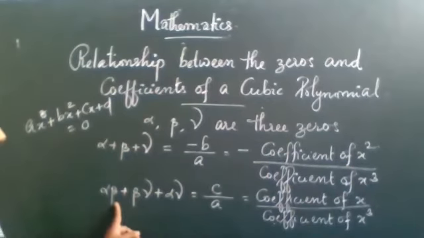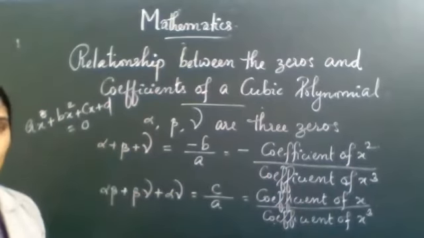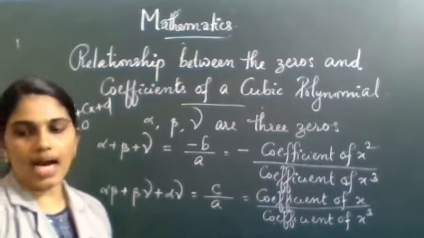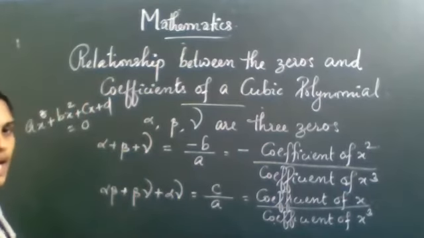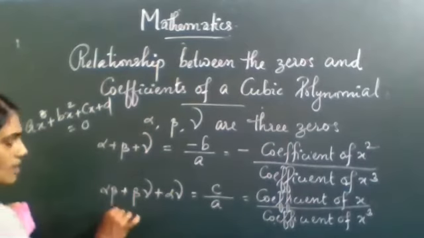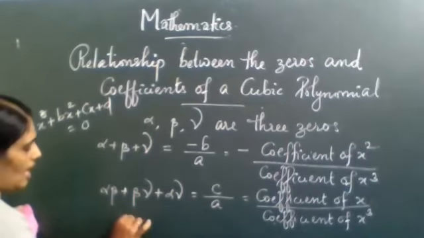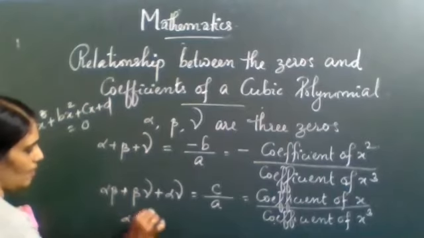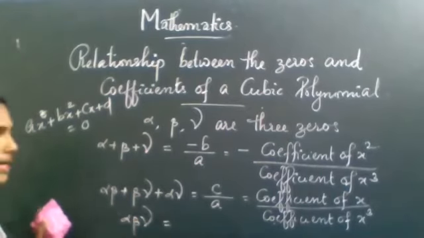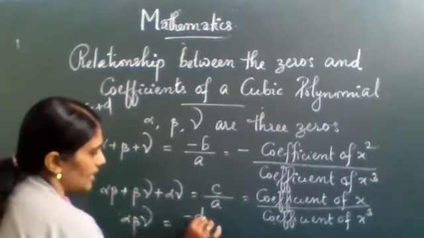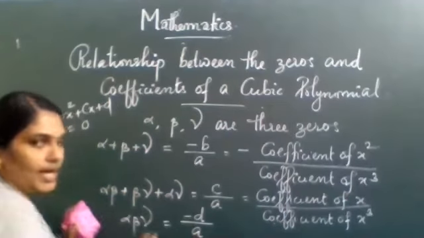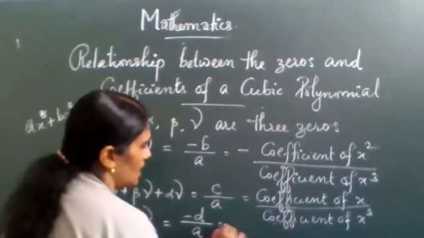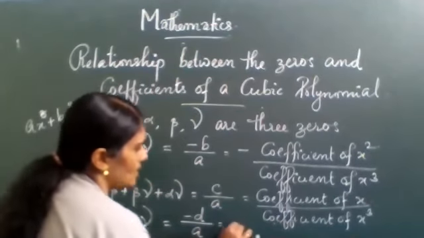And finally, alpha, beta, gamma, the product of the zeros. Alpha beta gamma is equal to minus d by a, where d is the constant term.